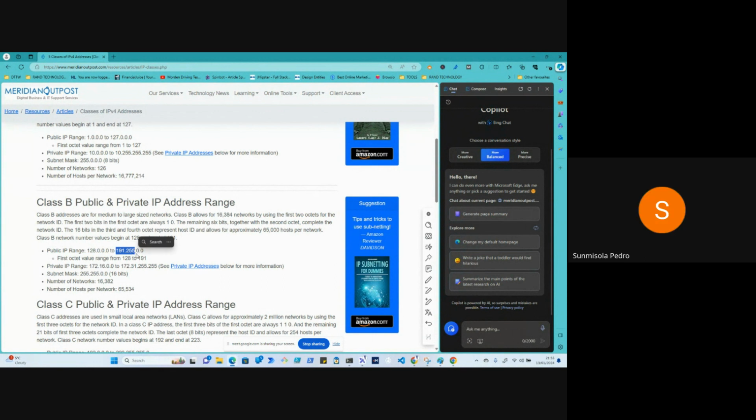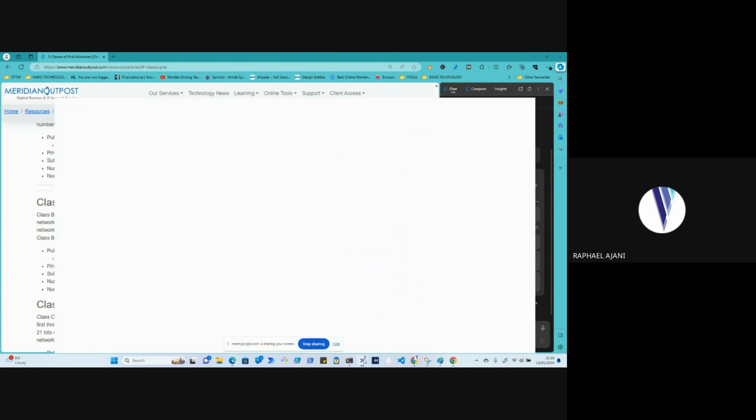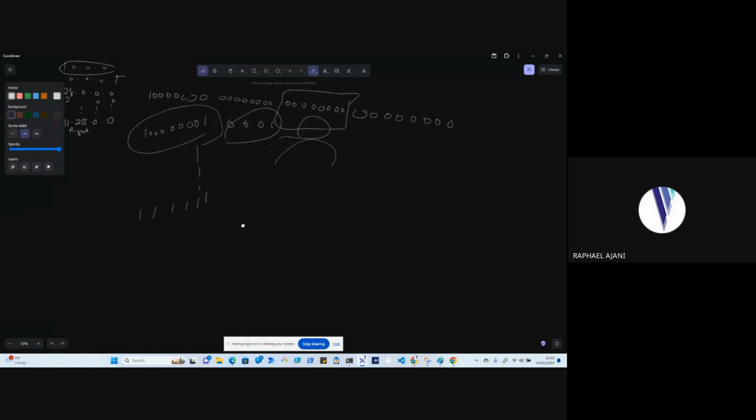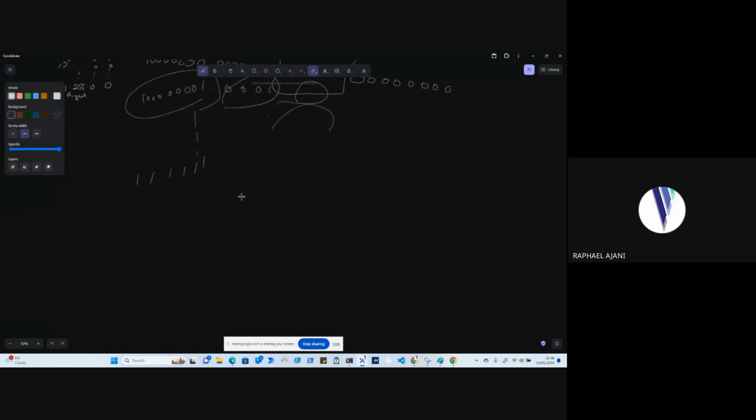Do you understand? I told you that there are 2 components of the IP addressing scheme. If I have 192.255.0.0, this is a public IP.